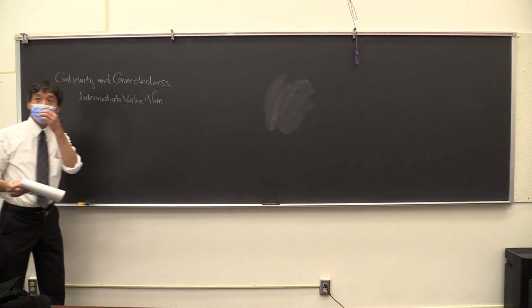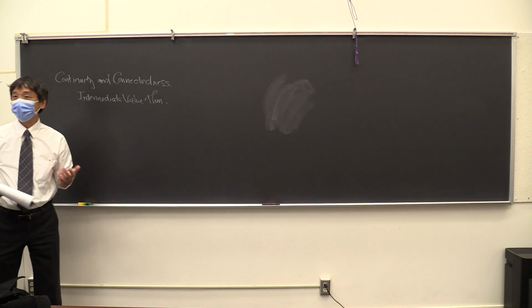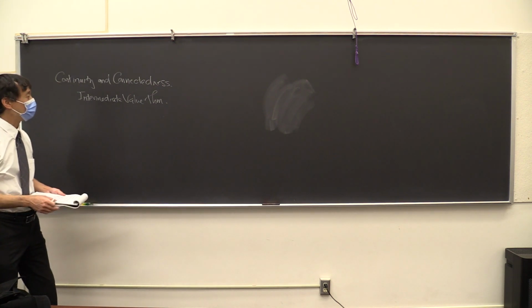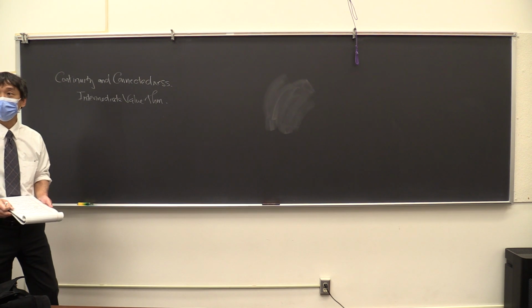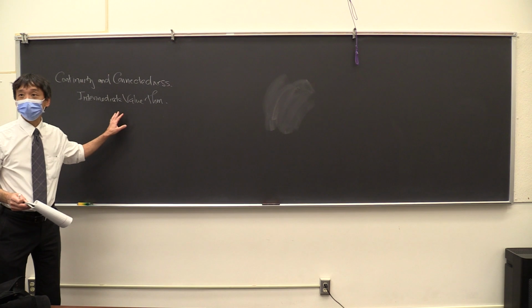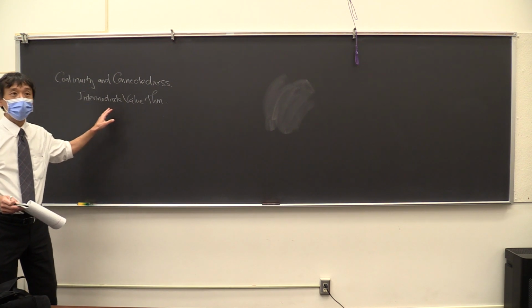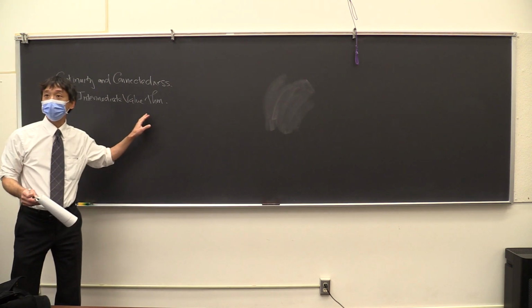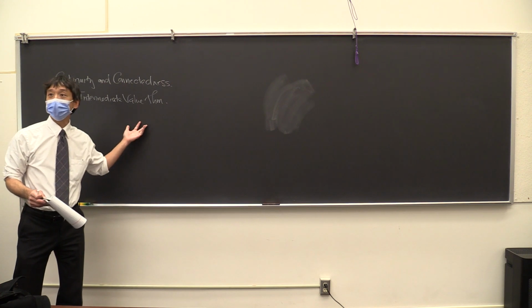Remember I said that a lot of this class is clearing up things that were not really explained in your calculus classes. One of them was the extreme value theorem, and you saw that that actually had to do with continuous functions on a compact set, right?